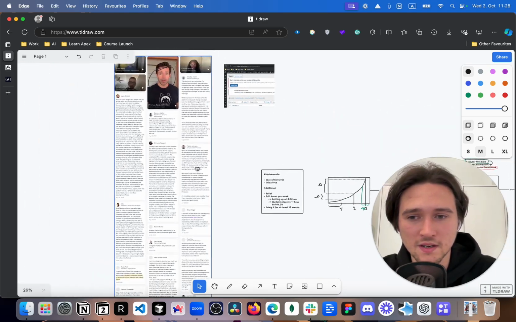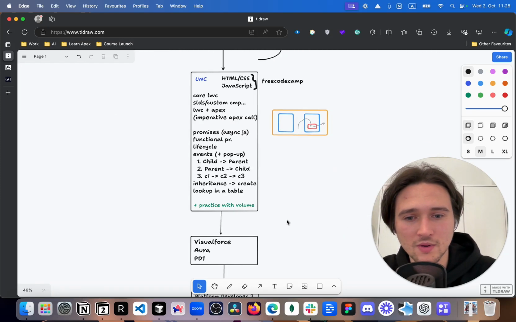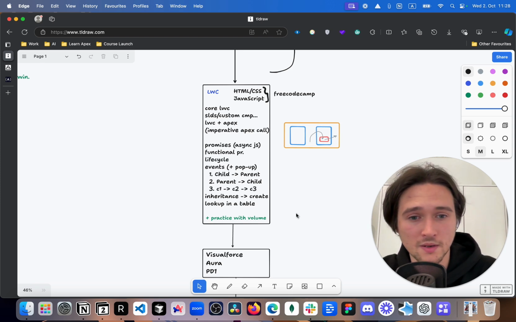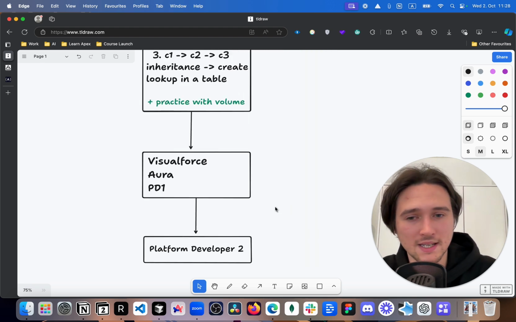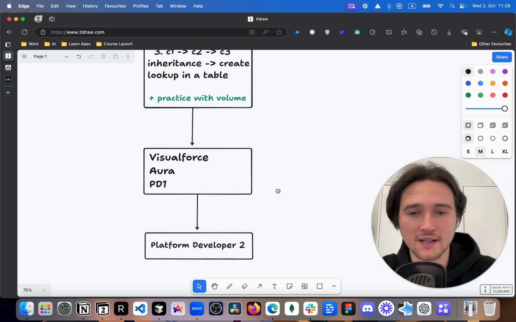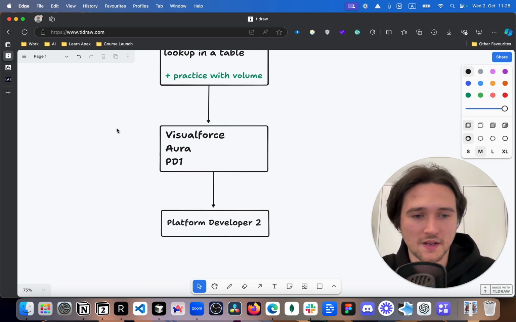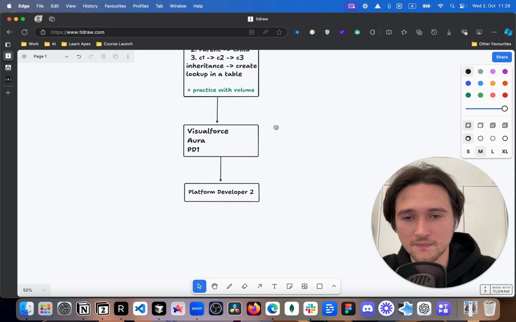We are focusing on making an actual impact on your skills and making you a developer, and this is all we're doing. And then as a byproduct of this, passing PD1 is not a big deal. You can do it literally studying in parallel to what we are doing here with Visual Force and Aura. Okay, so this is relatively easy.